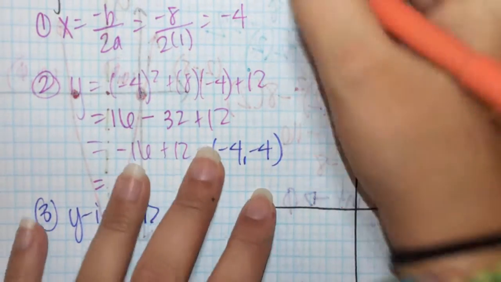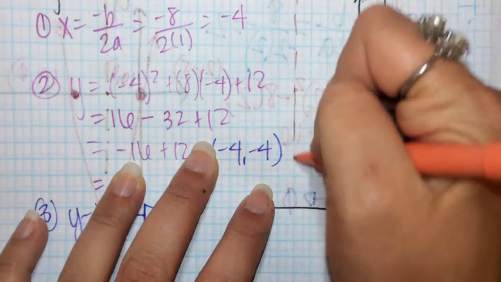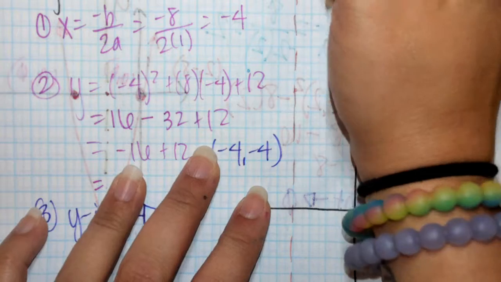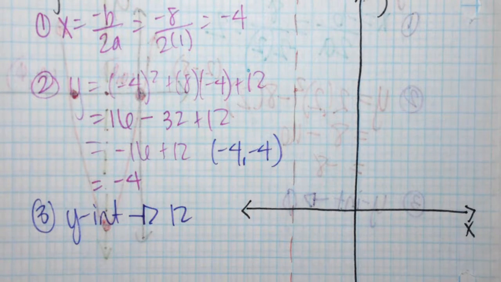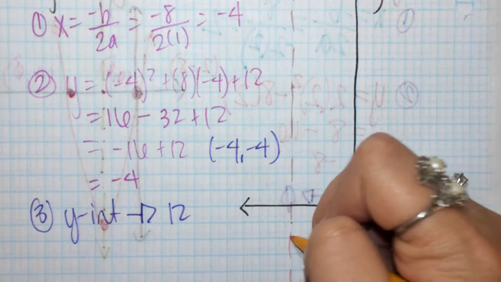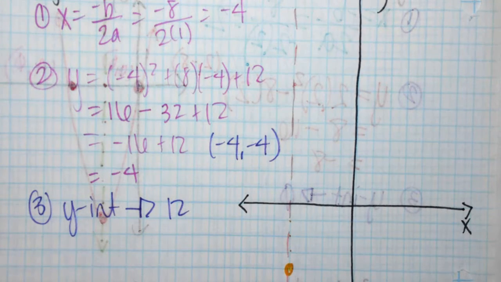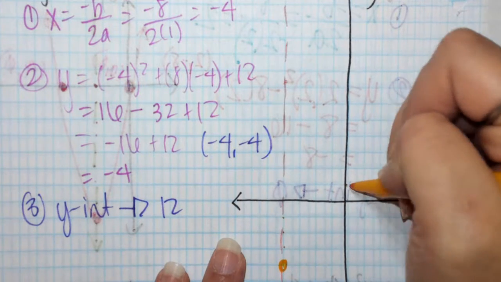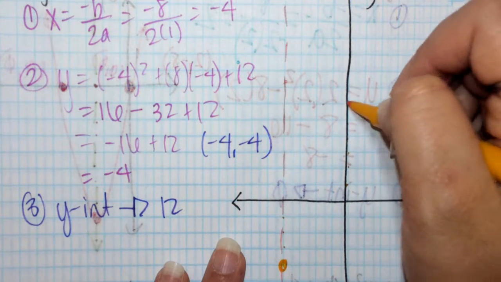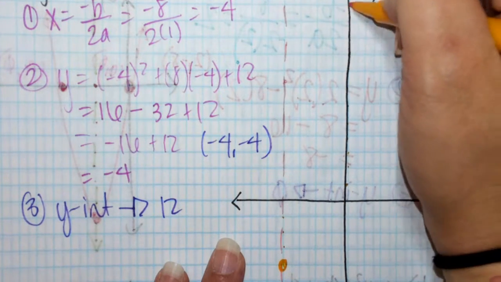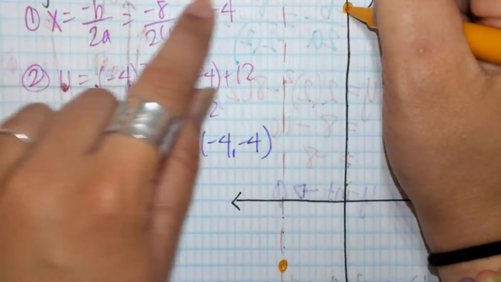1, 2, 3, 4. 1, 2, 3, 4, 5, 6, 7, 8, 9, 10. And then it's -4, -4. So we go left 4, down 1, 2, 3, 4. Our y-intercept is 12. So 1, 2, 3, 4, 7, 8, 9, 10, 11, 12. And I need to reflect over here.